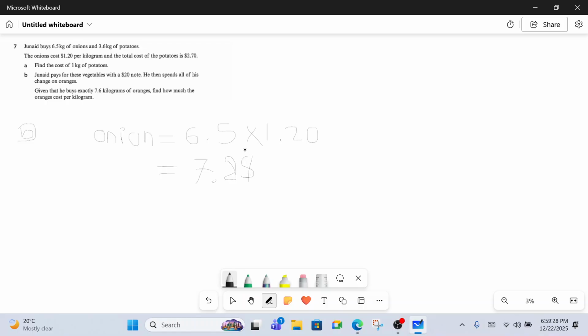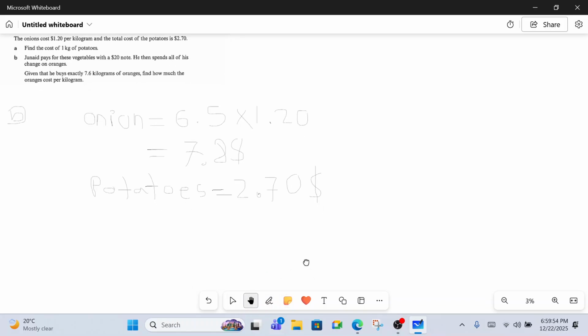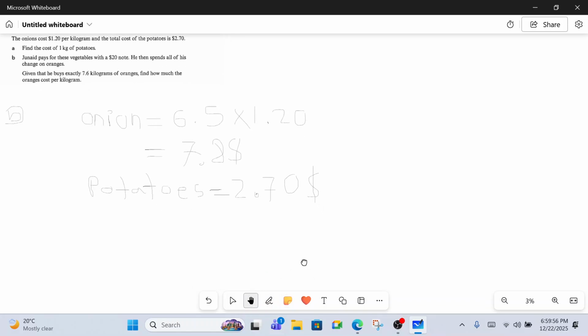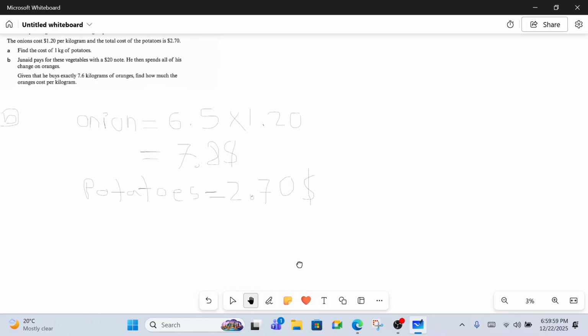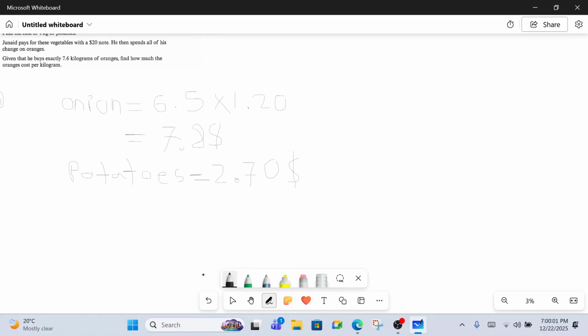Okay, and we know that our potatoes already cost $2.70. And now the vegetables. So the total vegetable cost, let's write it as total cost.